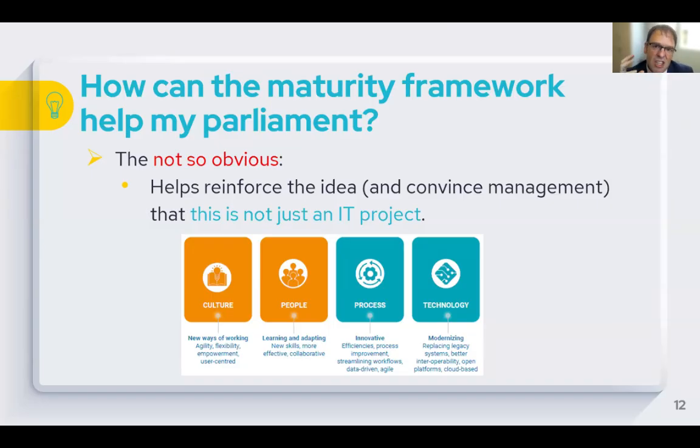No, AI transformation and AI incorporation in the organization is cultural change, also process change, and it's a change of the organization. The technology is, I always say, just an excuse. It's just a tool, but it's not an IT project, and all the organization must be involved in it. And the framework can convince management of this also.